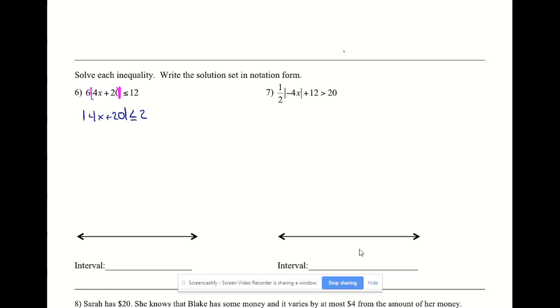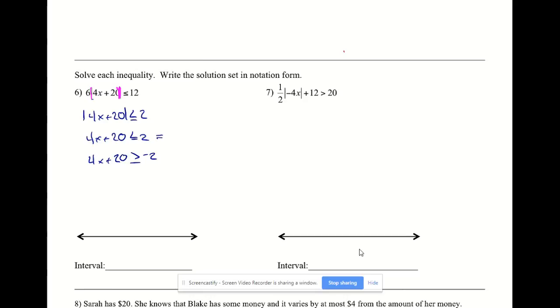Now, the expression is by itself, 4x plus 20 less than or equal to 2. And here's the difference. 4x plus 20 greater than or equal to negative 2. So when we write the second equation and we negate the right side, we also have to flip our inequality.